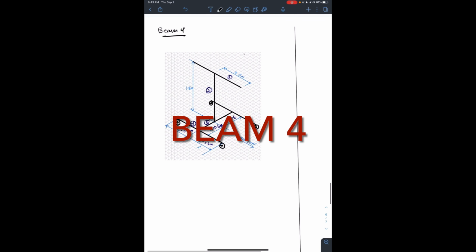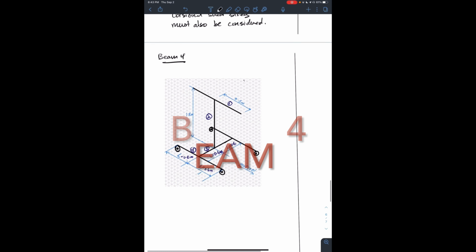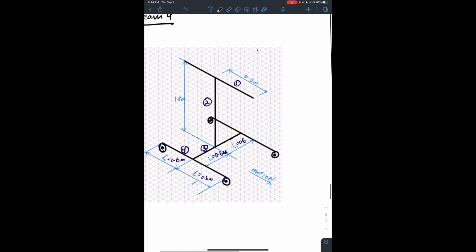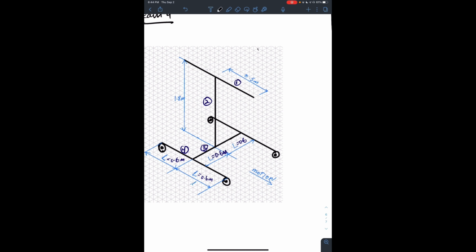Okay, so we're going to look at beam 4. Now, as previous methods, we're going to go back to beam 3 and see the reaction forces from beam 3, and then we'll apply that to beam 4. So if we could recall, this was beam 3.